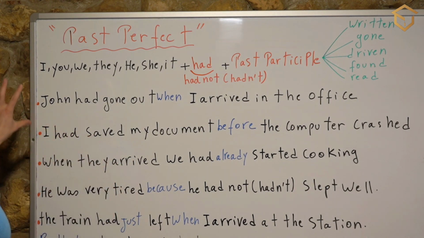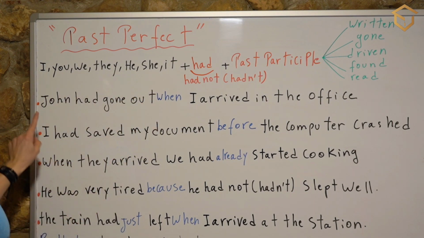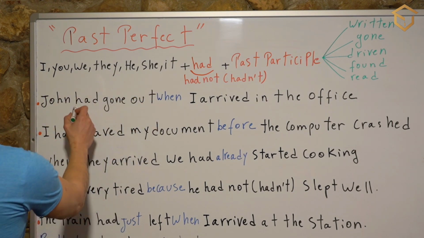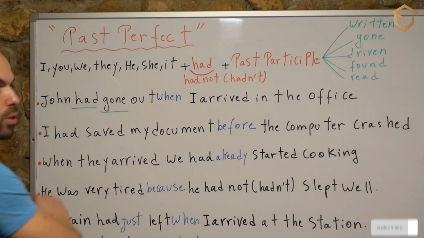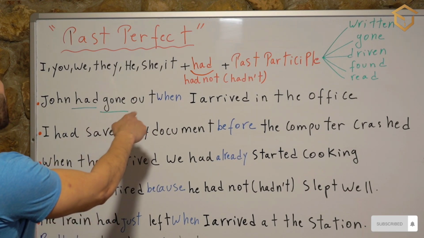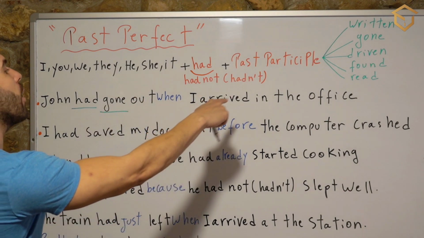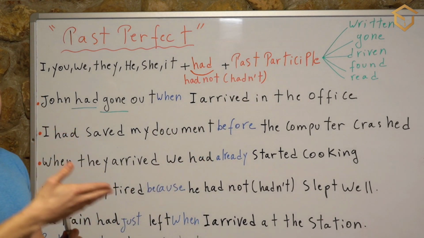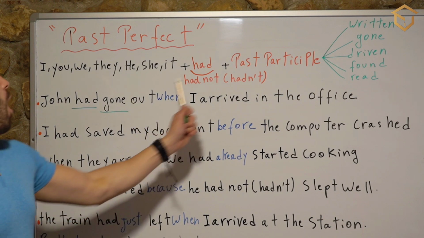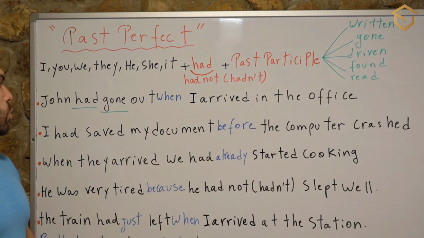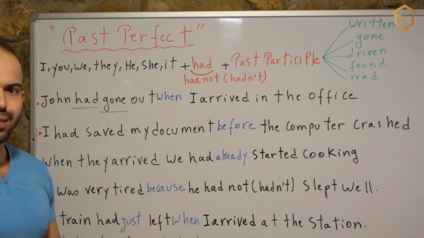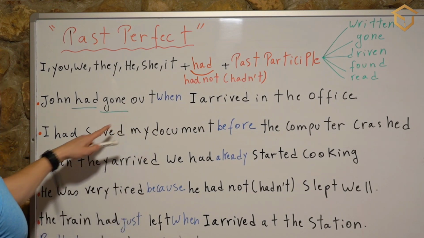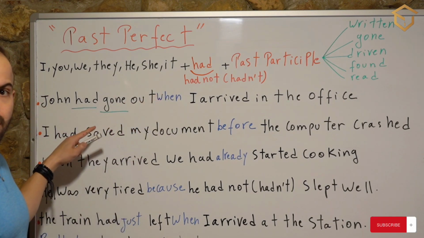Let's just actually highlight the first sentence. John had gone out when I arrived in the office. So that's had plus the past participle. So what event happened first? Definitely the one that has the past perfect tense.